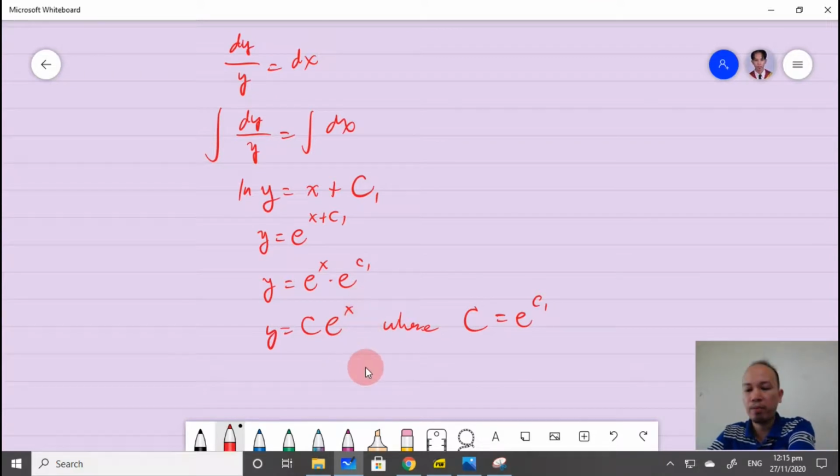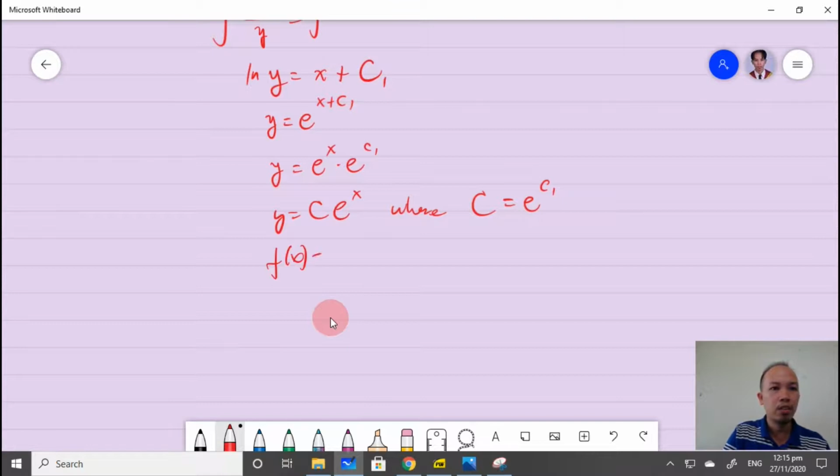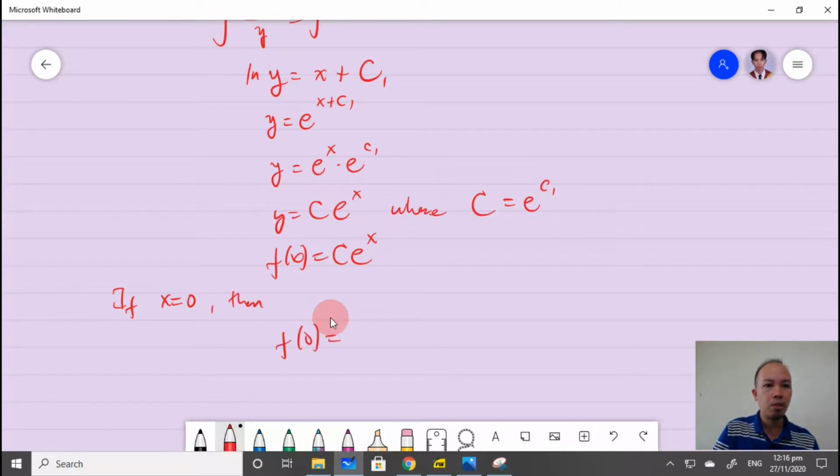So notice, this is our f of x, f of x is C e to the x. Notice if x is equal to 0, then f of 0 is equal to, what is the value of our y?